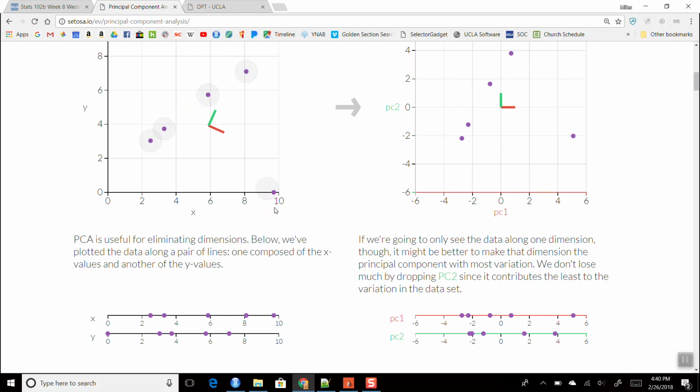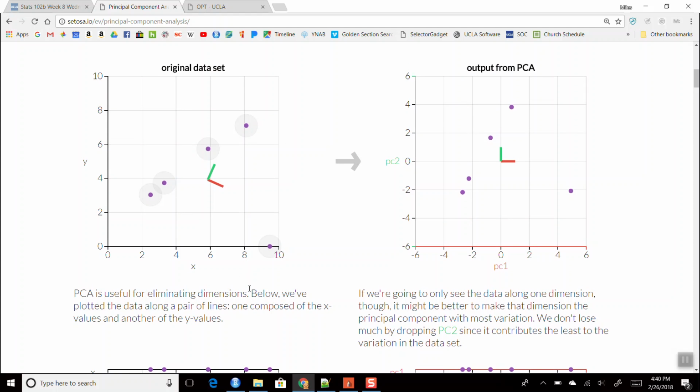And then if I pull it so far, okay, then you can see it actually affects the orientation of the principal component, okay? So it's trying to capture the direction that maximizes the variation.